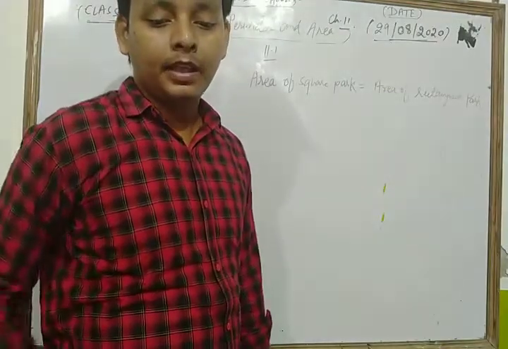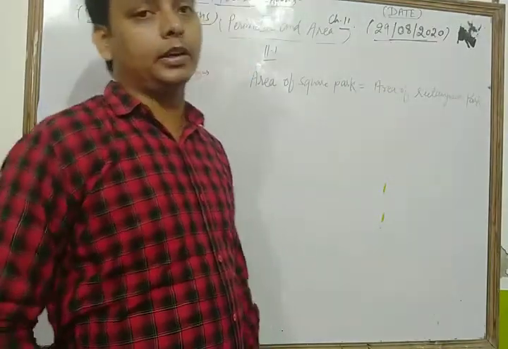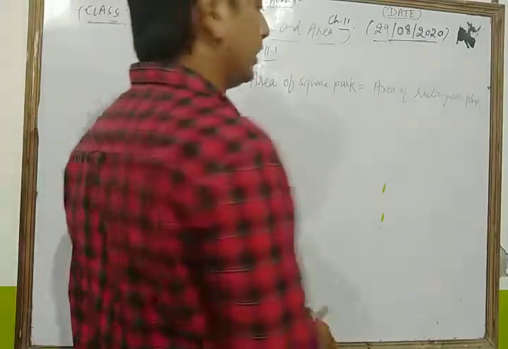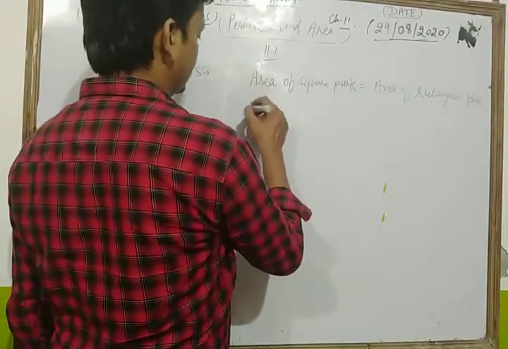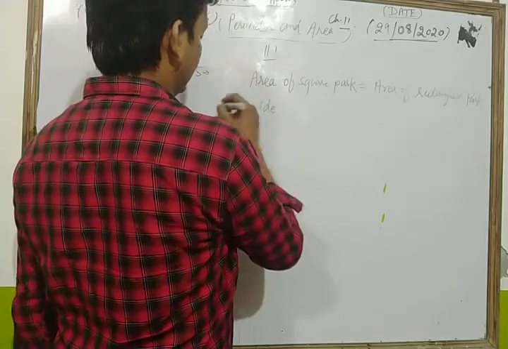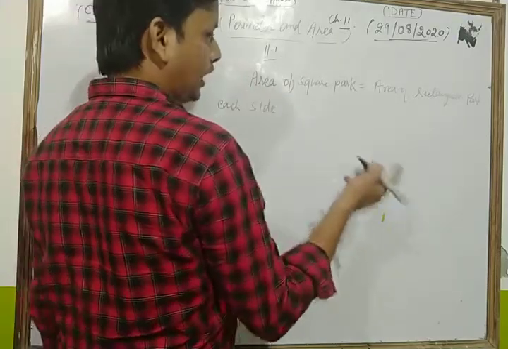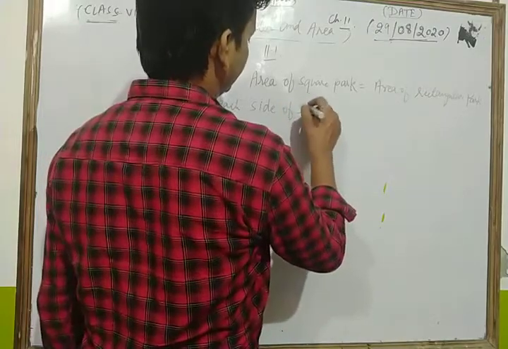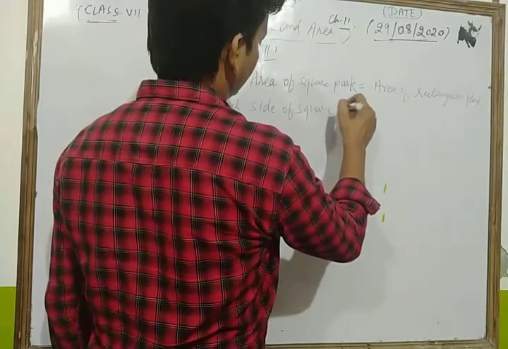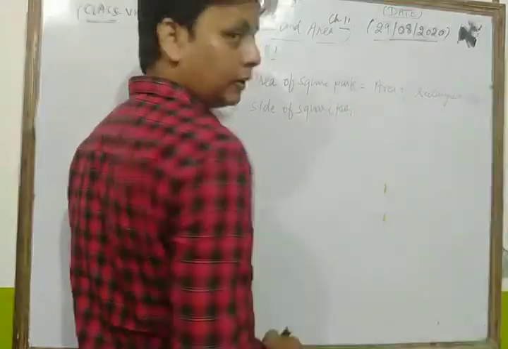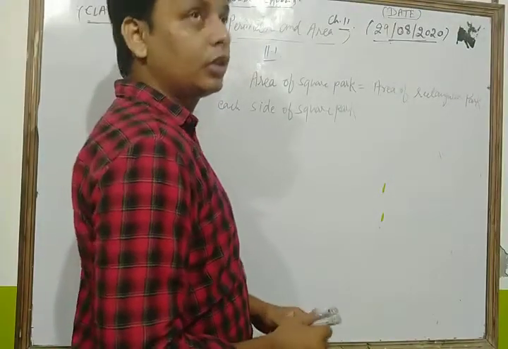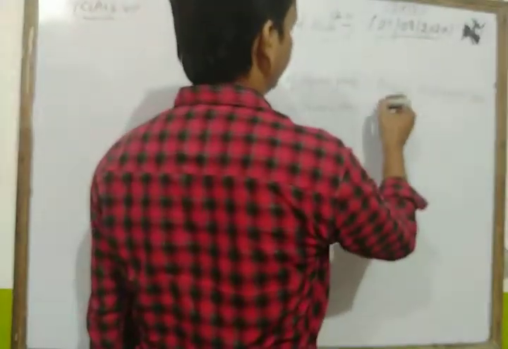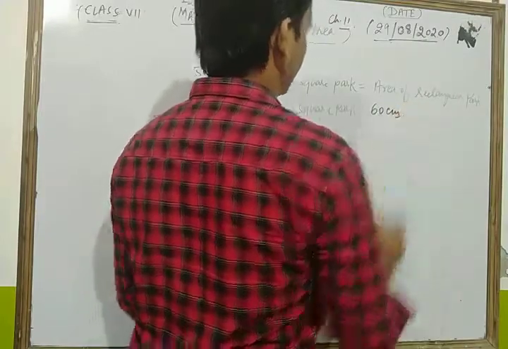Now let's see. If the side of the square park is 60 meter, dear student, side of square means each side is equal to 60. Each side of the square park is what? 60.